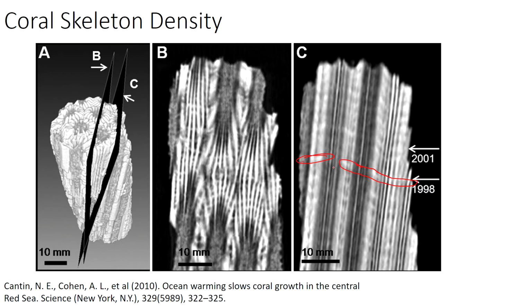The brighter periods are denser calcium carbonate than the material either side of it. So the coral appears to be laying down denser material during these periods of environmental stress. And hopefully, if you're familiar with coral bleaching, you should know that there was widespread coral bleaching in 1998.